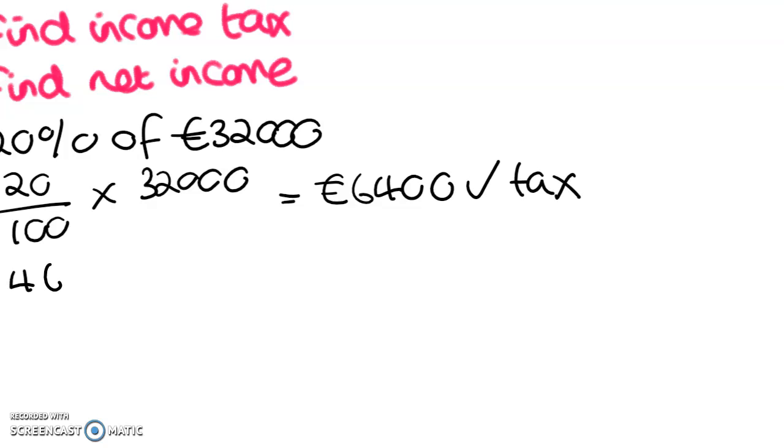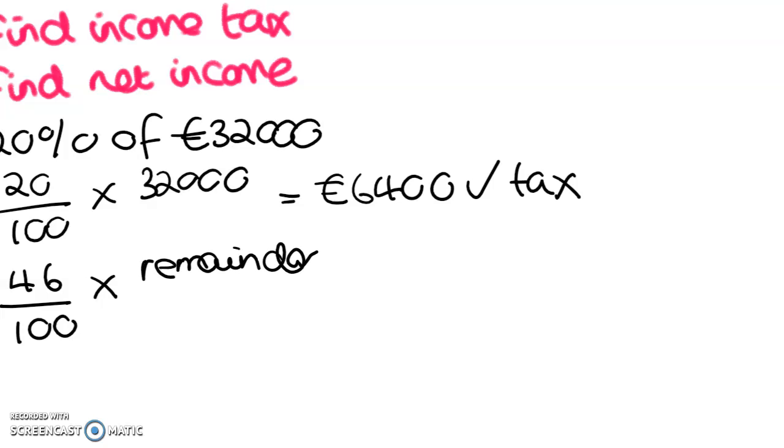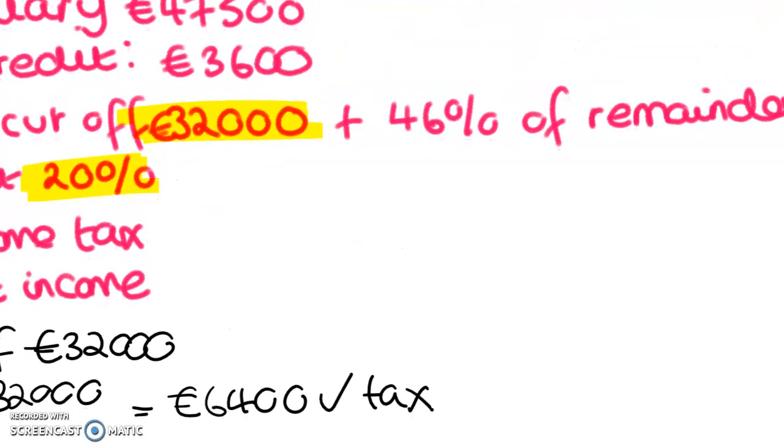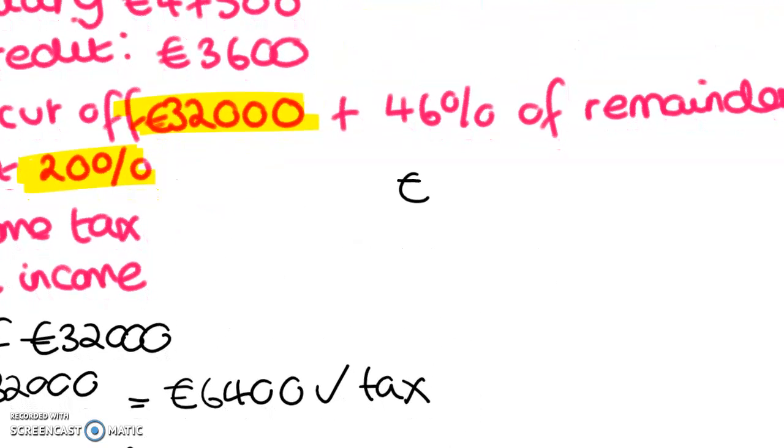Then 46% of the remainder. 46% multiplied by the remainder. We don't know the remainder, do we? So I'm going to have to go off and find the remainder. To get the remainder, you take the annual salary or the gross salary, whatever you want to call it, take away the standard rate cut-off point, which is 32,000.